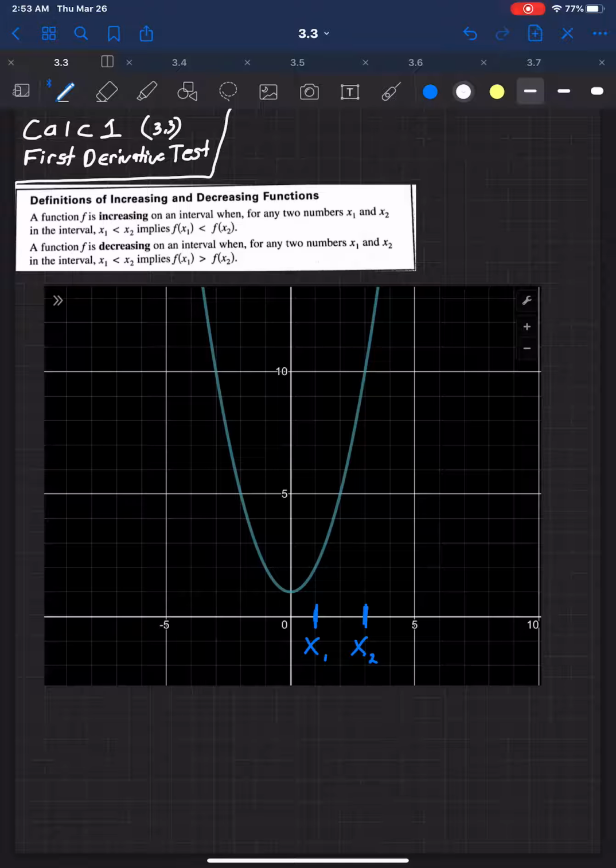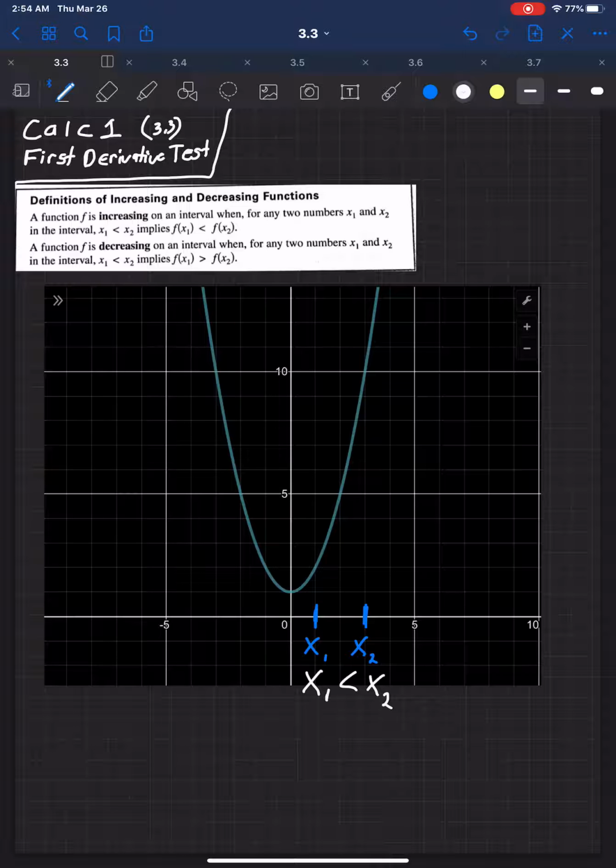So you and I agree that I have 2 points, 2 x values, x sub 1 and x sub 2, and I think you would agree with me that in this case, x sub 1 is less than x sub 2, and in fact, we would be proceeding from x sub 1 to x sub 2, okay?